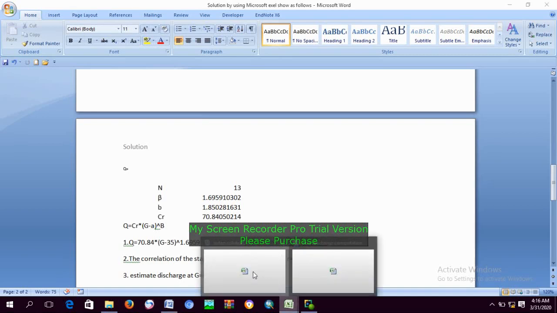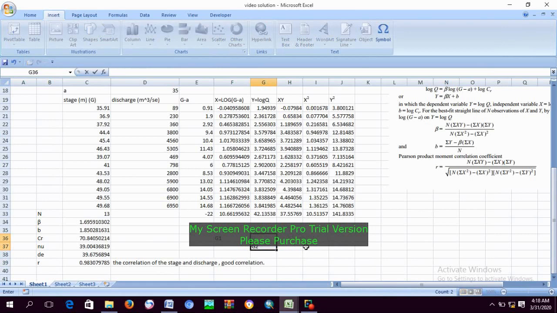So let us go to Excel. Determine G equal to 42.5, then capital Q. By using this formula, it is equal to 70.84 times (G, this value, minus 35) to the power of 1.6959.